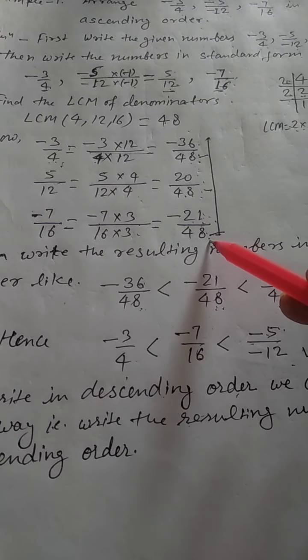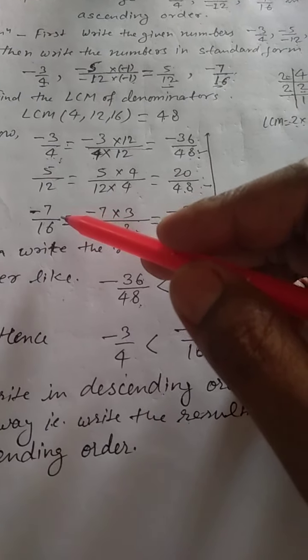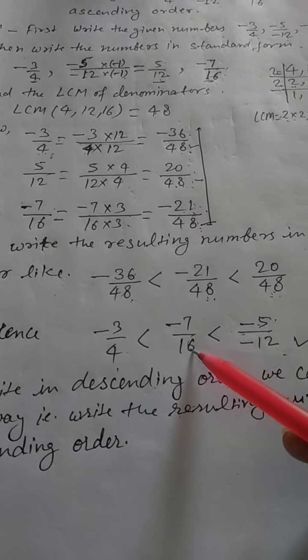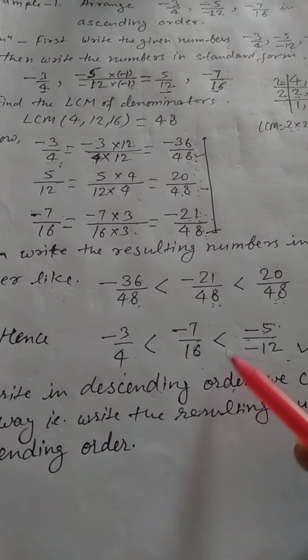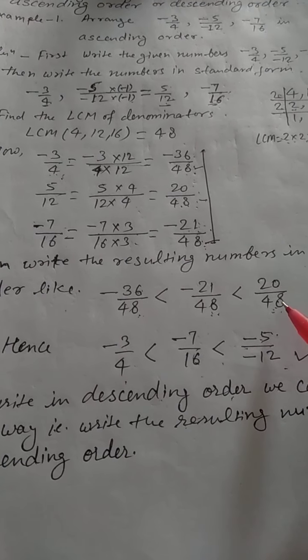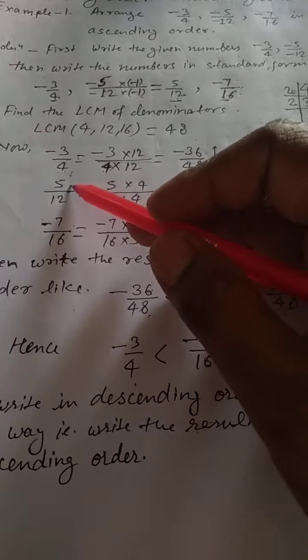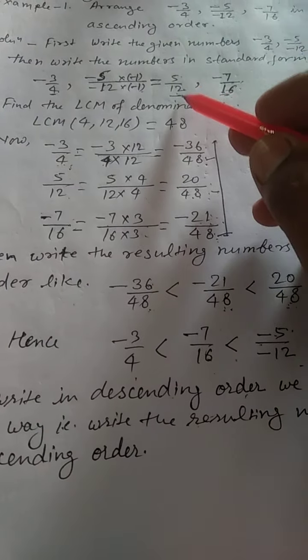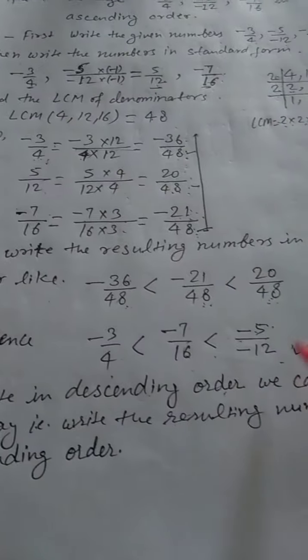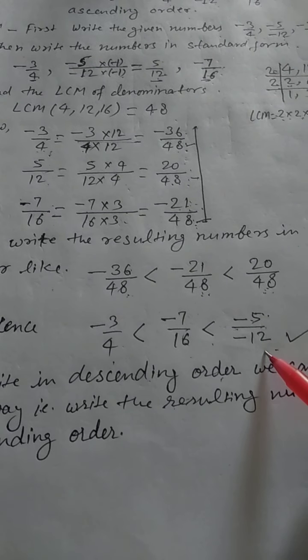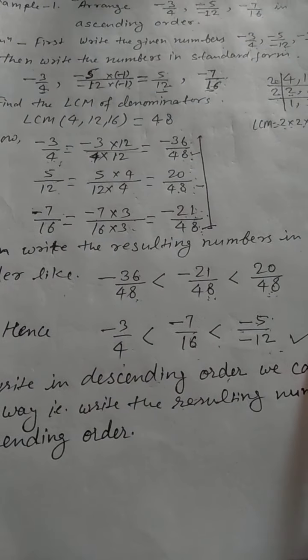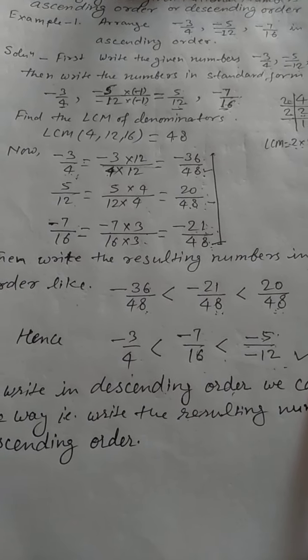Minus 21 by 48 is for minus 7 by 16, here I am writing minus 7 by 16. And then 20 by 48 is for 5 by 12, and 5 by 12 is for minus 5 by minus 12, so I am writing here minus 5 by minus 12. So it is the ascending order of the given rational numbers.